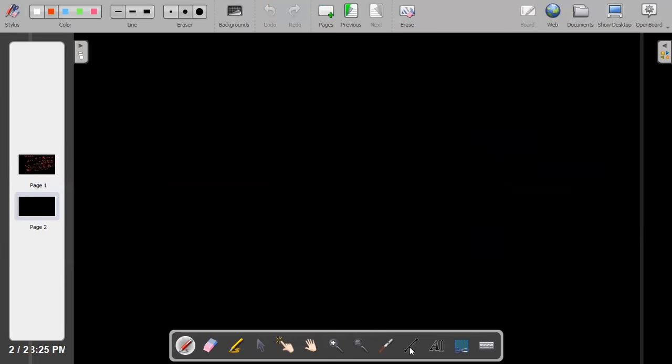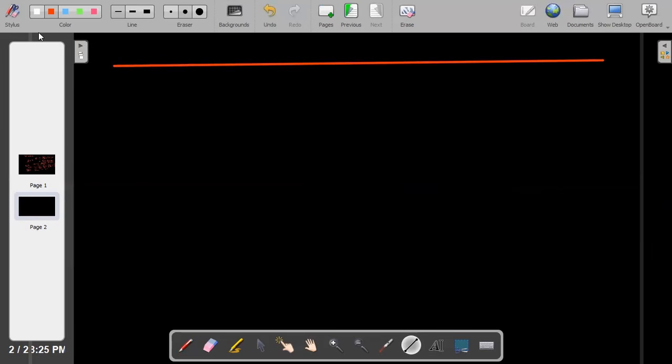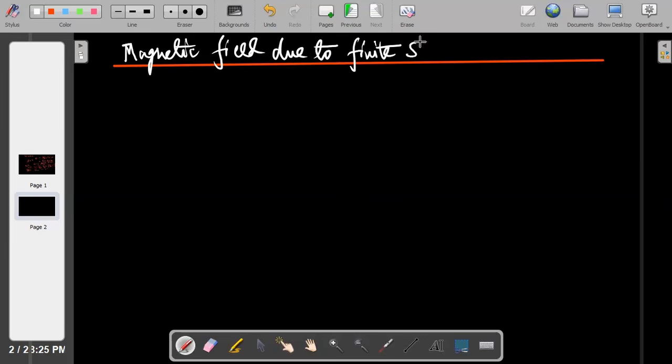This is the statement I'm writing: magnetic field due to finite straight current carrying wire. Now, how to get the magnetic field due to a finite straight current carrying wire?